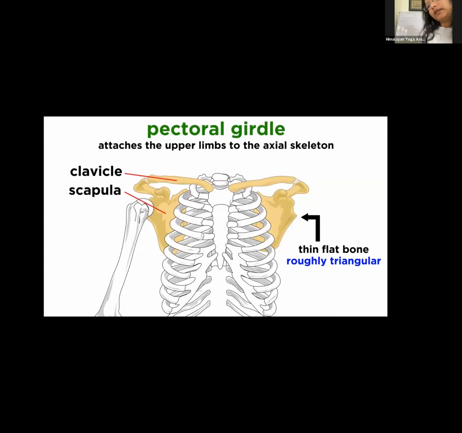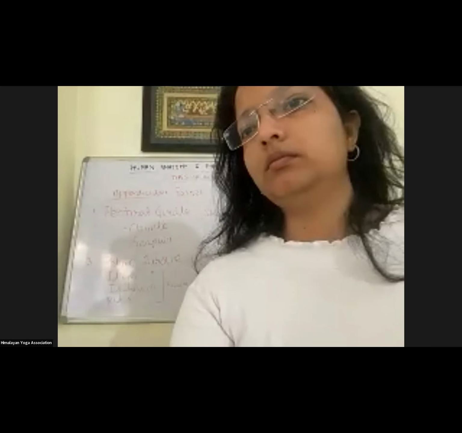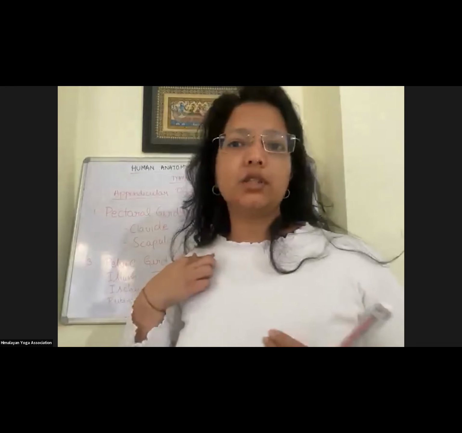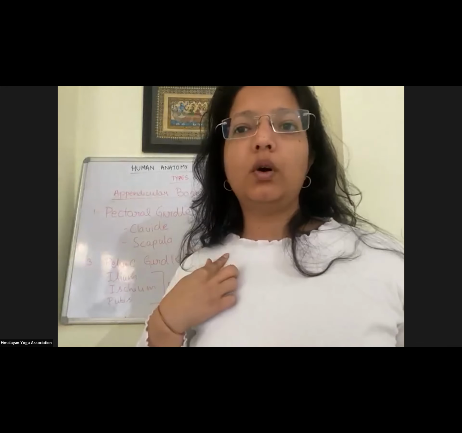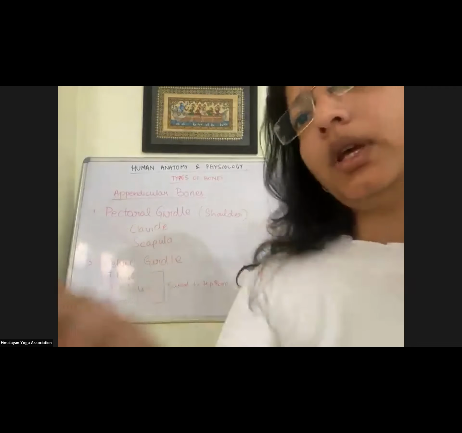So here we see the pectoral girdle. Please touch the front here. These are the collarbones.